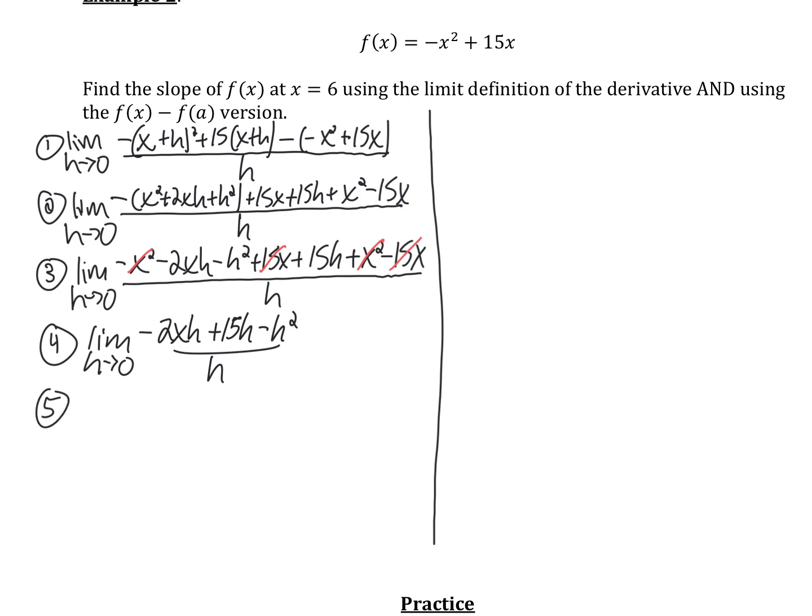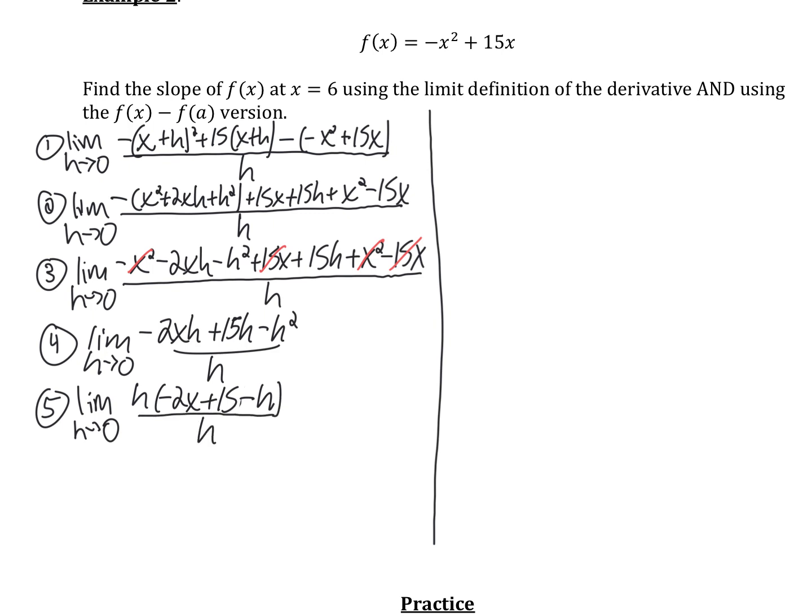It looks like in this case the limit as h approaches 0 of h times negative 2x plus 15h, or excuse me, not 15h. Let me erase that. Plus 15 minus h all over h.